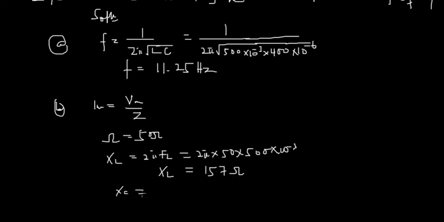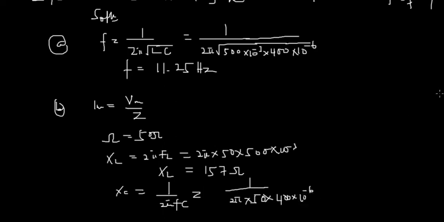Now let's calculate XC. For XC we have 1 over 2 pi f C. So we have 1 over 2 pi times our frequency, times the capacitance, 400 times 10 exponent minus 6.